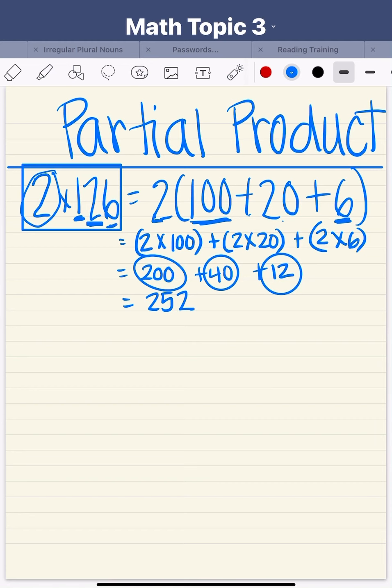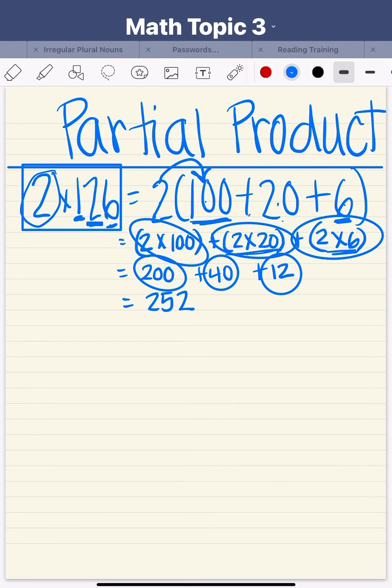So I would then multiply 2 times 100, and then 2 times 20, and then I would multiply 2 times 6. All right? So I've got to find this product and this product and this product. Okay?